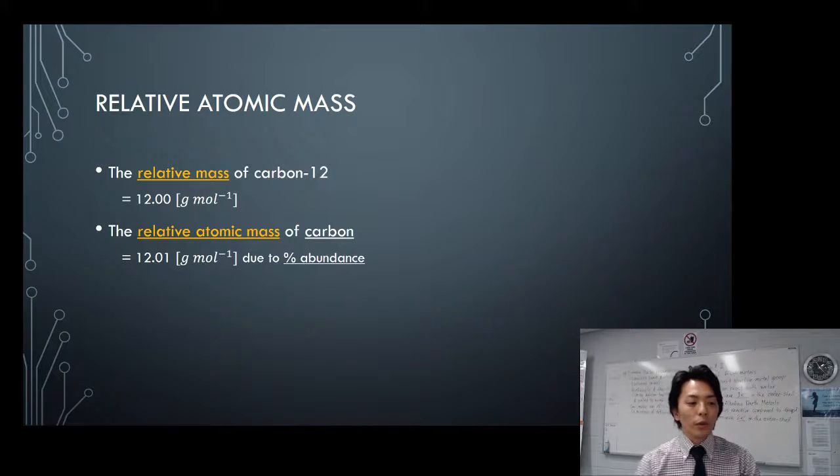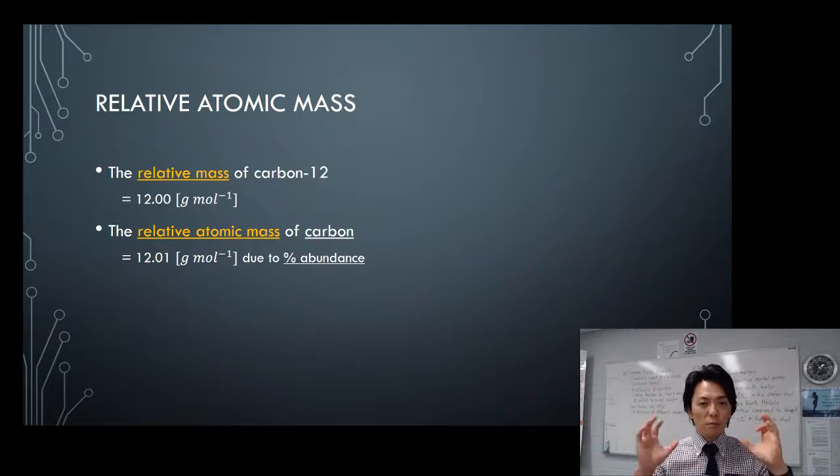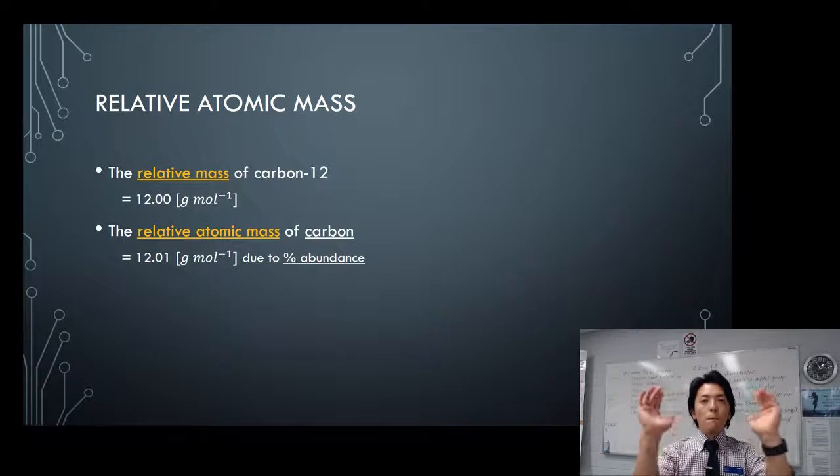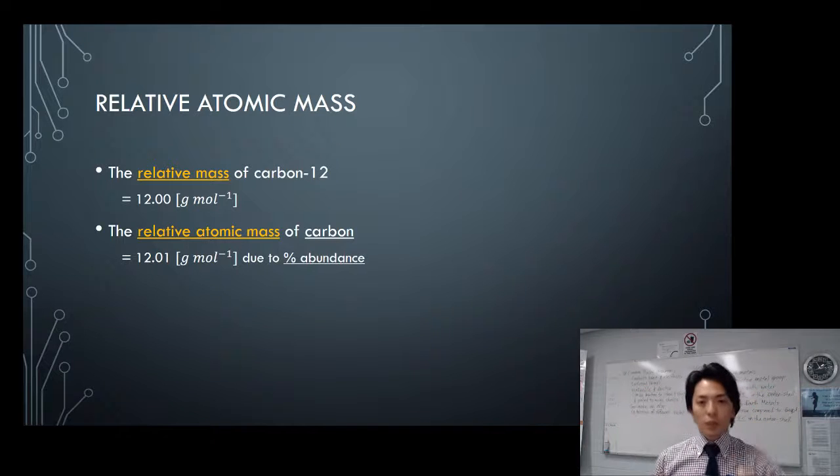Okay, continuing with relative atomic mass. Relative mass of carbon-12, as we said, is going to be 12.00 grams per mole. And that's the unit we use as well because we're talking about atomic mass. So it's probably more convenient to have one mole as a bunch instead of just looking at per atom.